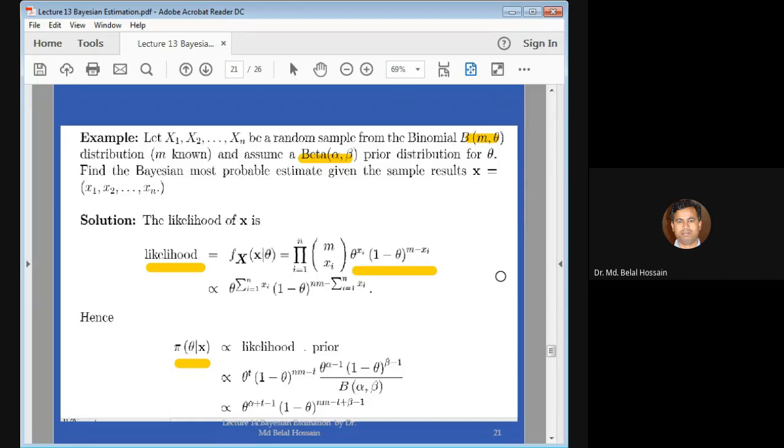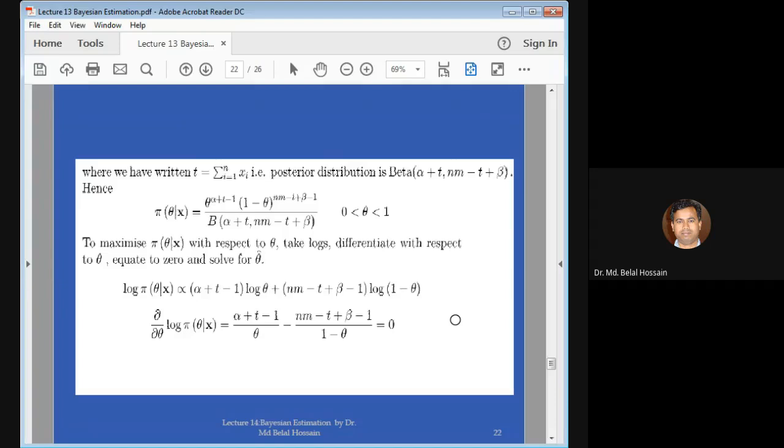Okay, next is some algebraic manipulation. You see theta to the power t, theta to the power alpha minus 1, so they come close together, and 1 minus theta to the power, we have these two powers, so they come close together, and this constant term also vanishes because of this proportional sign, as we want to deal with this theta only because we are looking for the estimate of theta.